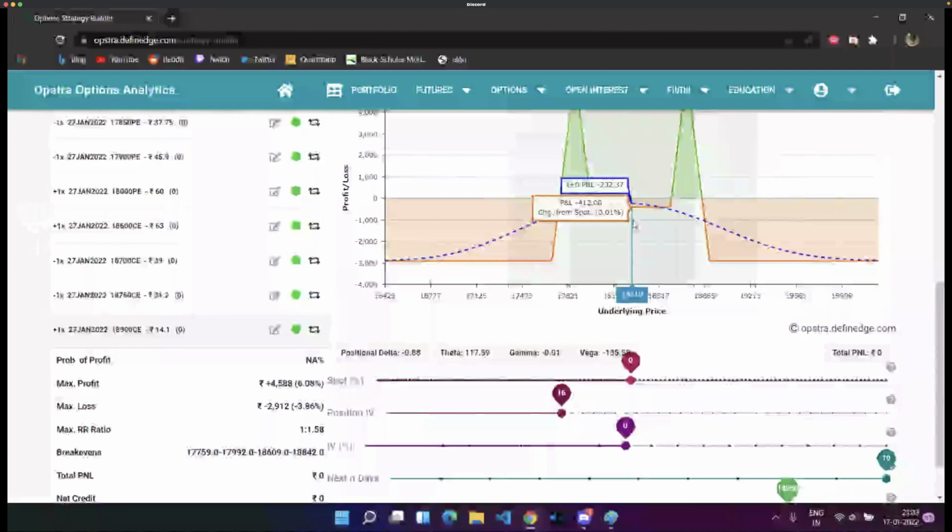So by next Tuesday, let's say it's somewhere here. So what you can do is ये जो PNL तुम्हें दिख रहा है ना 200 bucks का, 200 bucks का you can buy a spread. You understand, right?